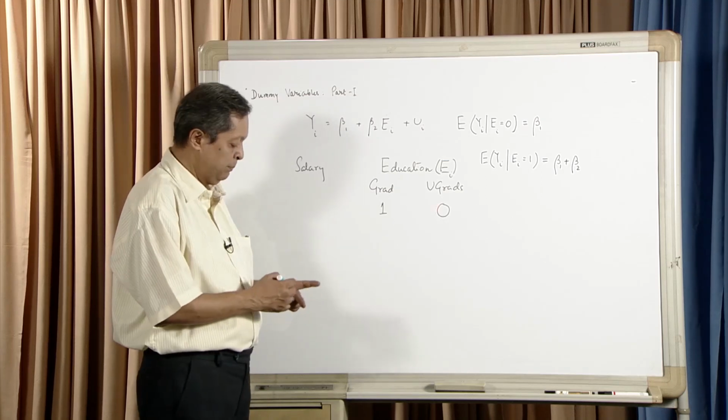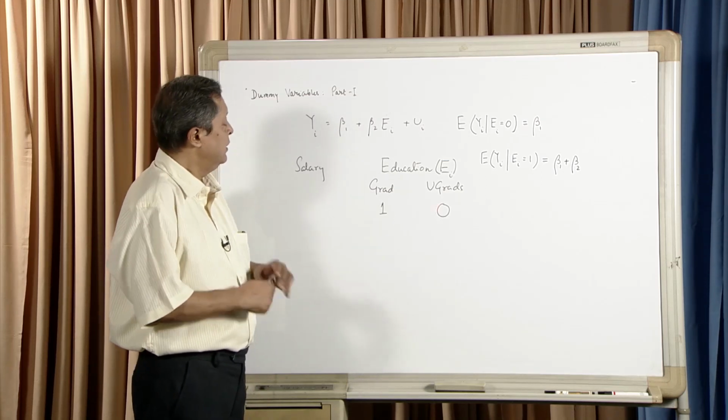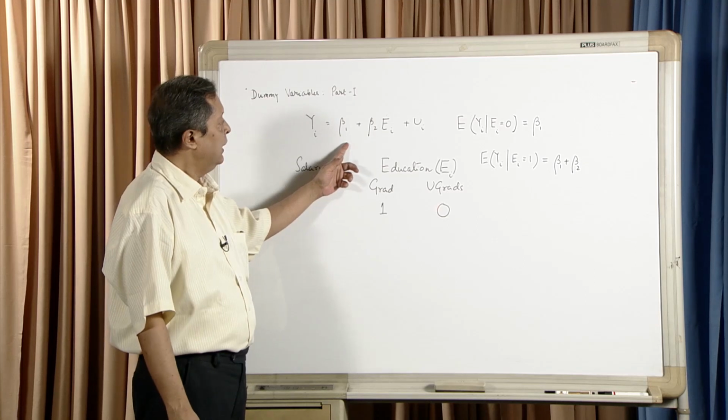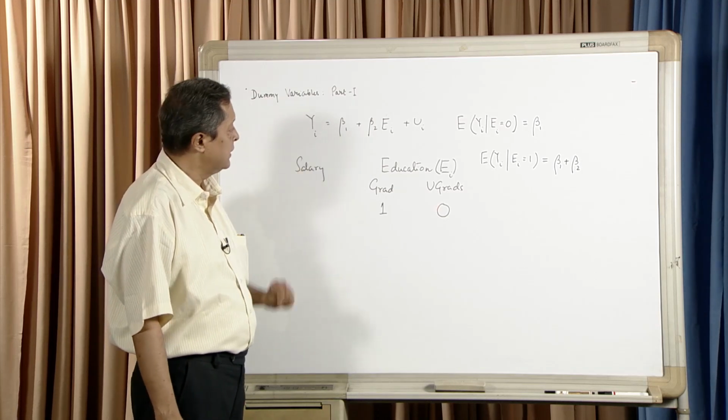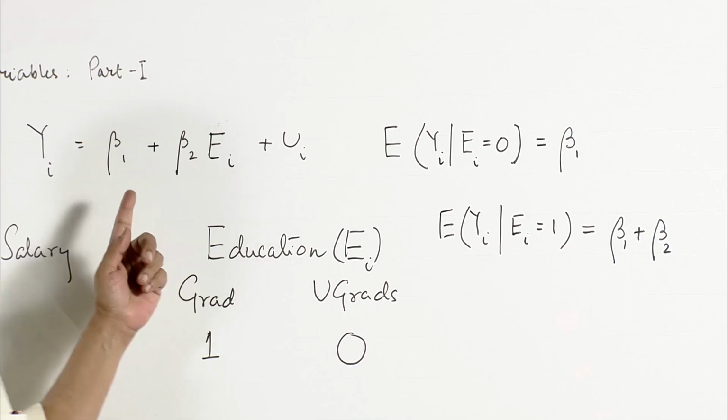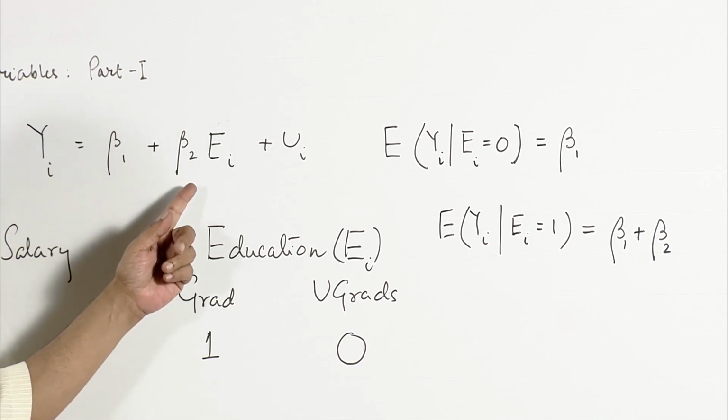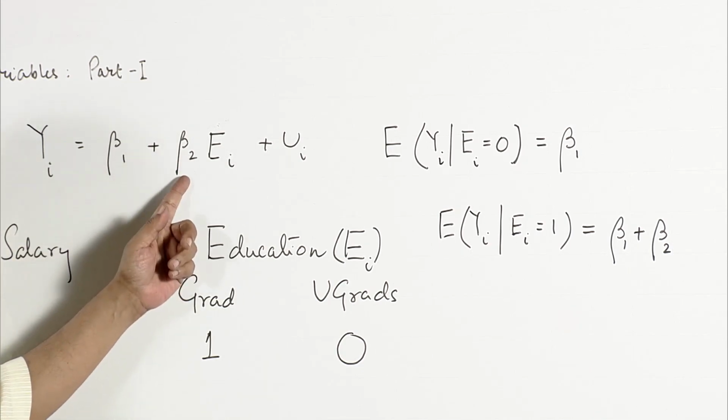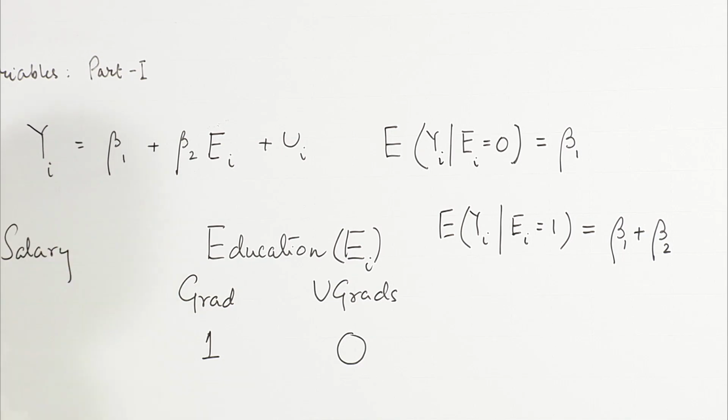If an employee is an undergraduate, the mean salary is beta 1. If the employee is a graduate, then the mean salary is beta 1 plus beta 2. So, what is beta 2? It is the differential or incremental effect on the salary because the concerned person is a graduate.